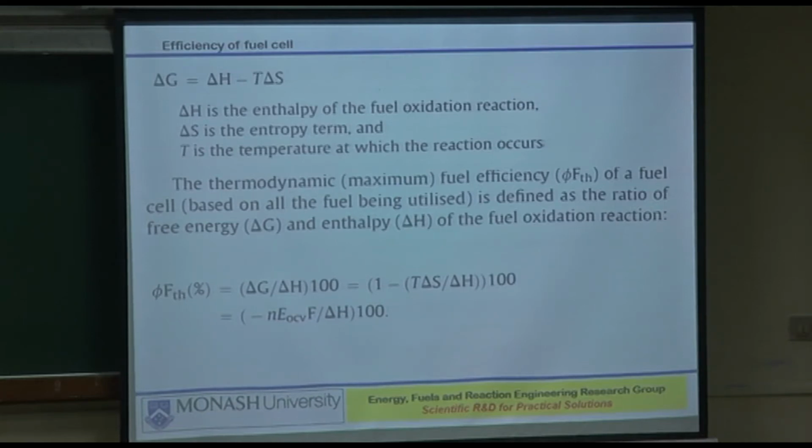So what is the voltage that you can get? The voltage that you can get will be a function of the internal resistance. That internal resistance will be dictated by the type of the anodic material, the type of the cathodic material, the type of the electrode, and the type of the fuel.